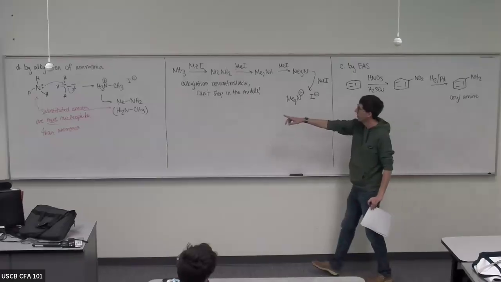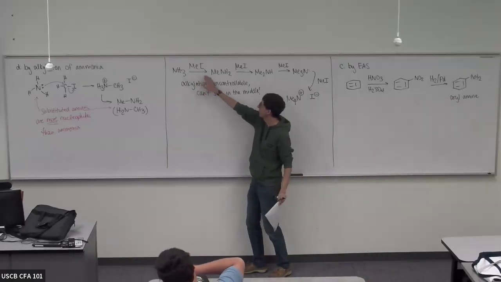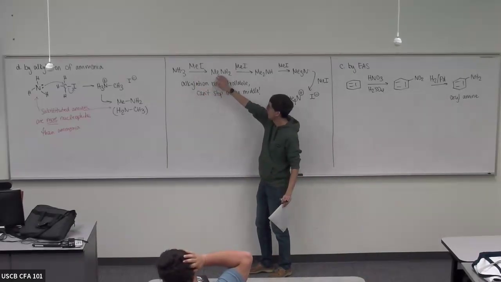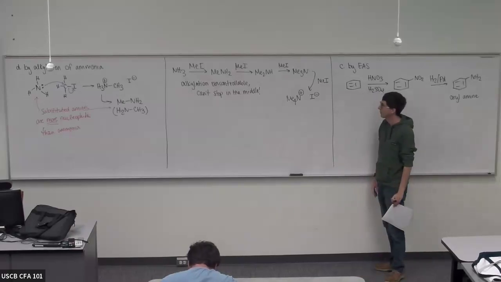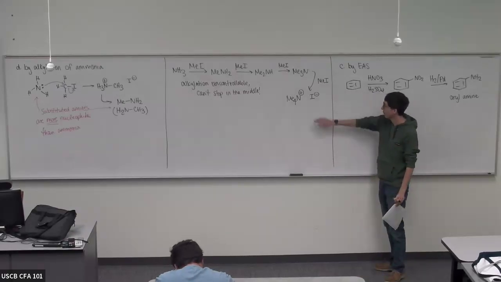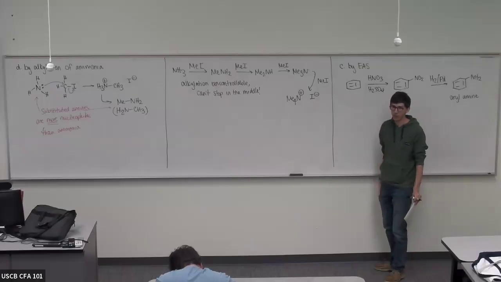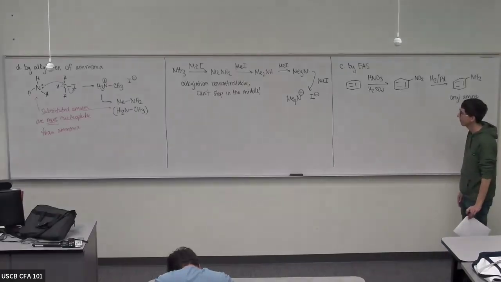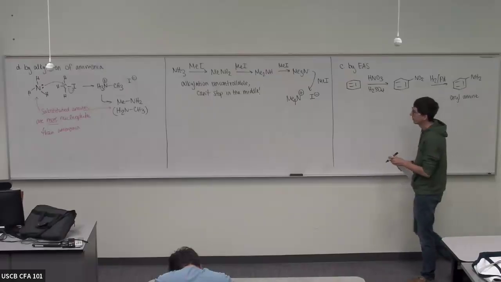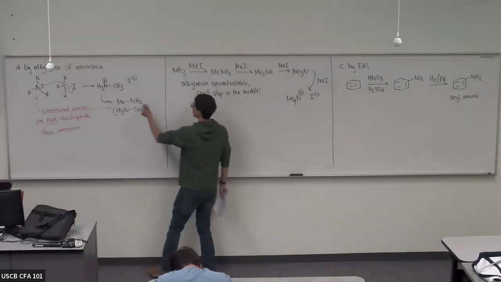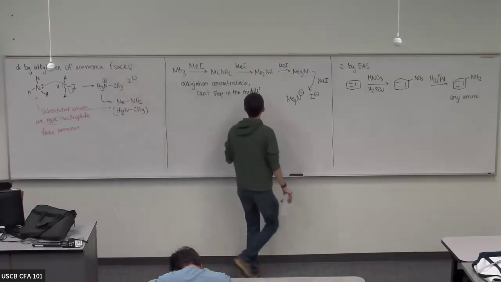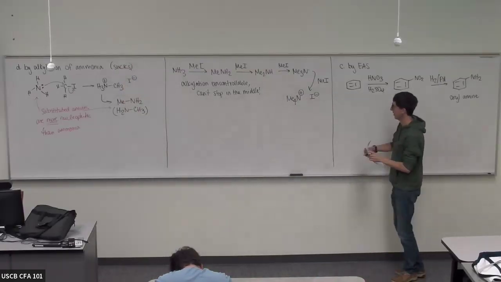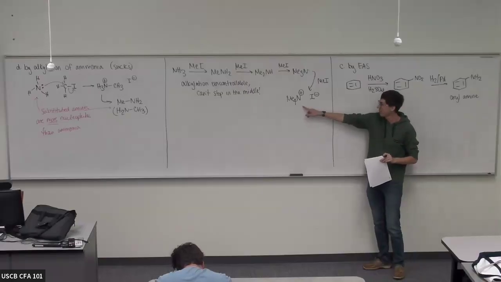Some of the molecules are going to react first, become stronger nucleophiles, react again, and so you're going to end up with mostly this plus a lot of starting material left over. So this is not a good way to make anything except this.